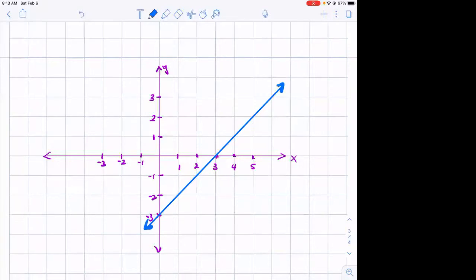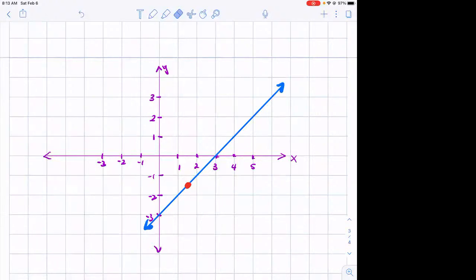So what you want to do is find 2 points on the line that you can clearly see the location. For example, I wouldn't pick this point here because that point is maybe 1.5 comma negative 1.5. So I wouldn't pick this. I want to pick 2 points that are clearly visible.